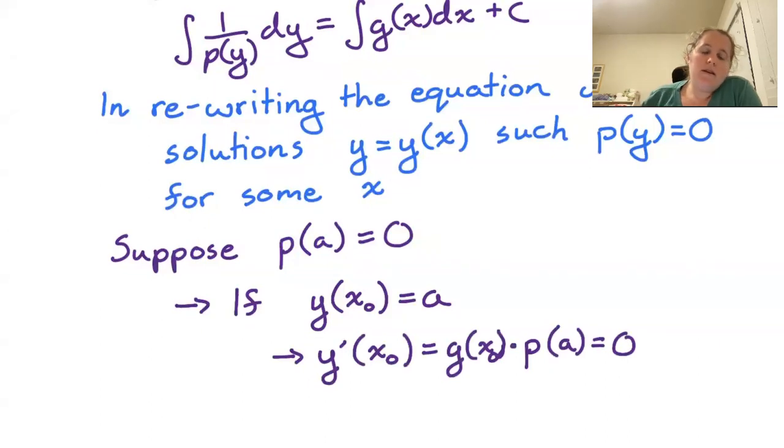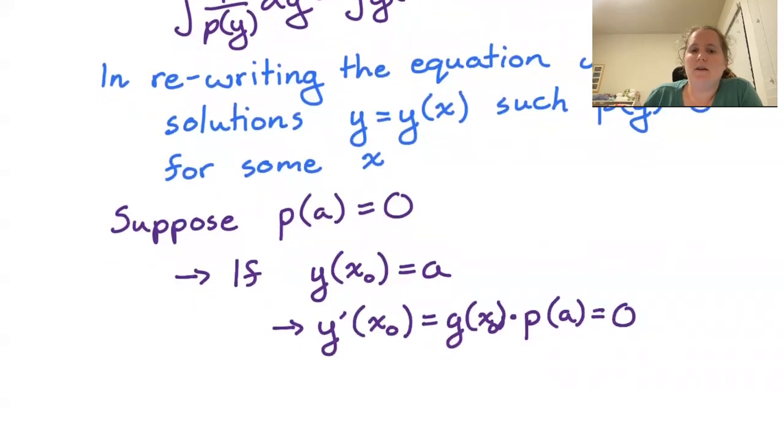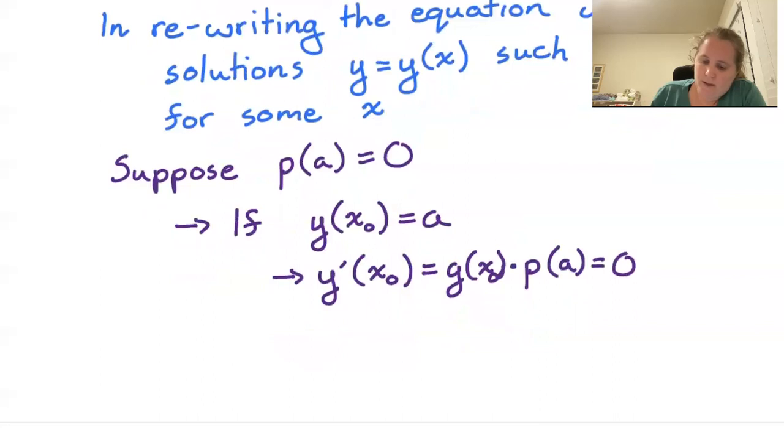So for any x value, if y evaluated at x is a, the derivative is 0. That means we could use the constant function.